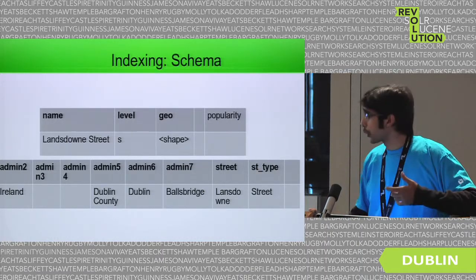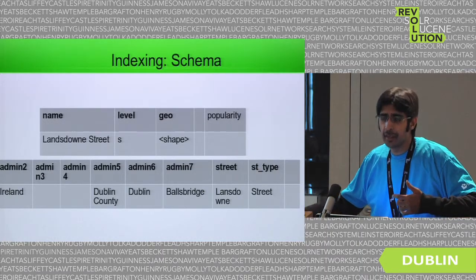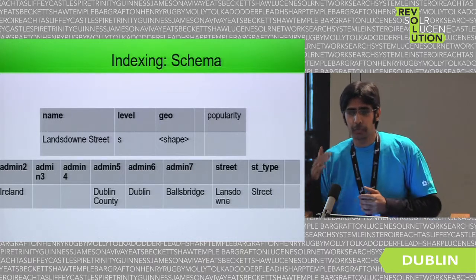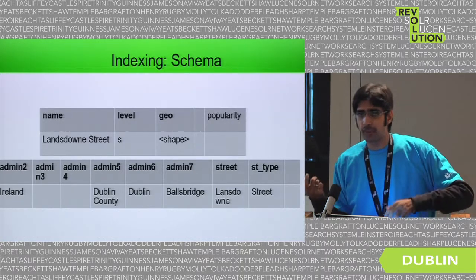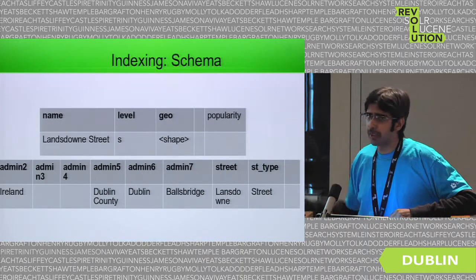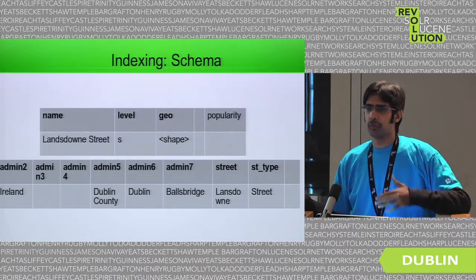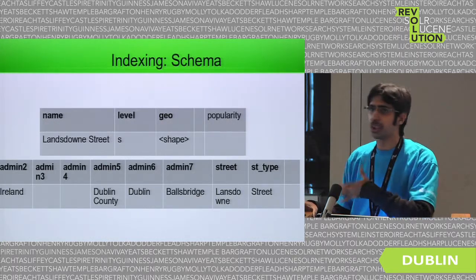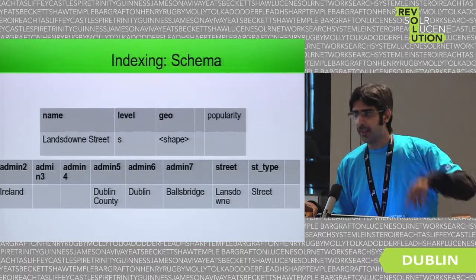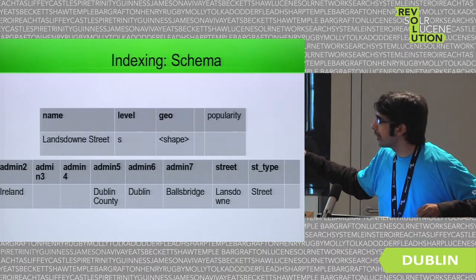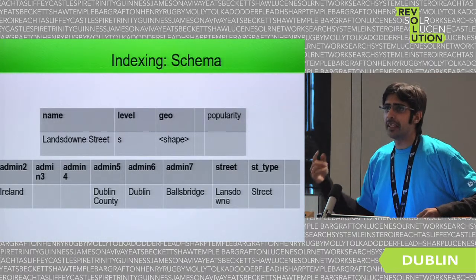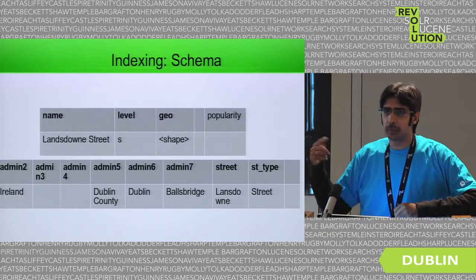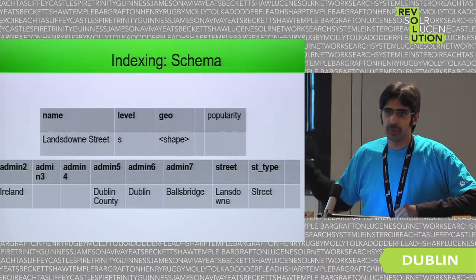Now we pick up the documents which have admin 3 in them, and make an association for that admin 3. So let's take an example, maybe Dublin County. We have a record for Dublin County, which in OpenStreetMap is just a way. How we associate that with admin 2 would be by doing a spatial containment within Solr.